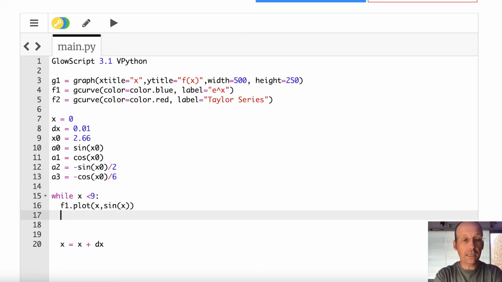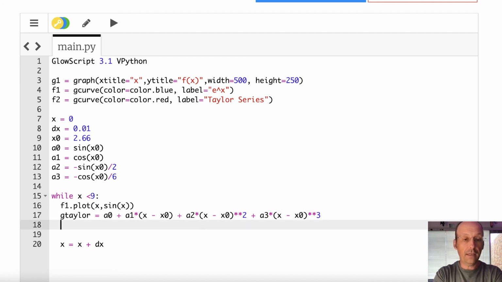So down here, I can say G Taylor, like I had before, is going to be equal to A0 plus A1 times X minus X0 plus A2 times X minus X0 squared plus A3 times X minus X0 cubed.